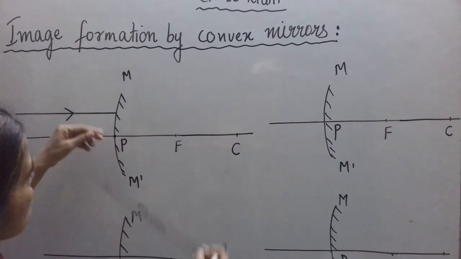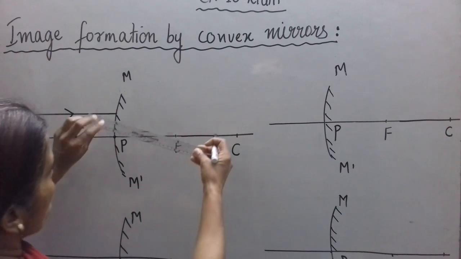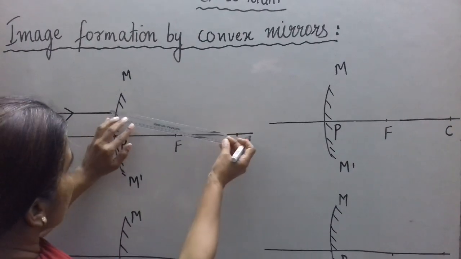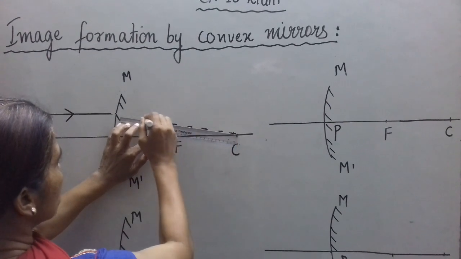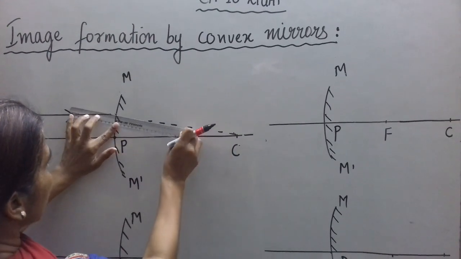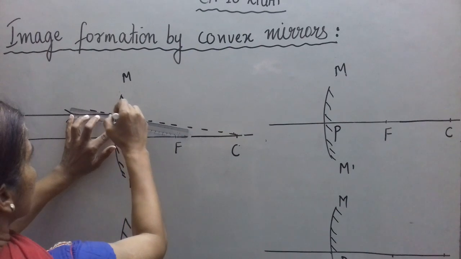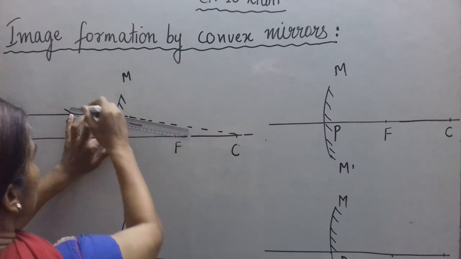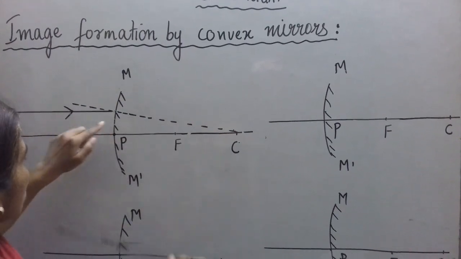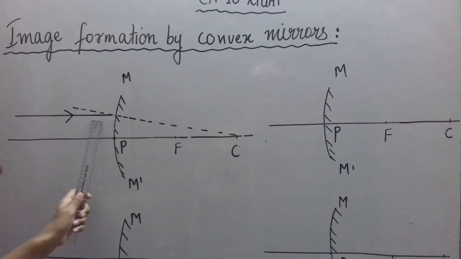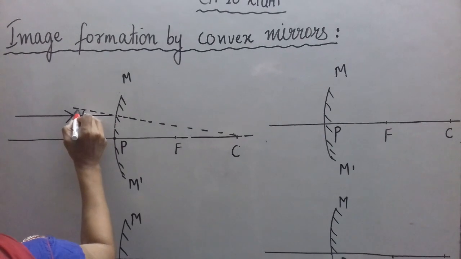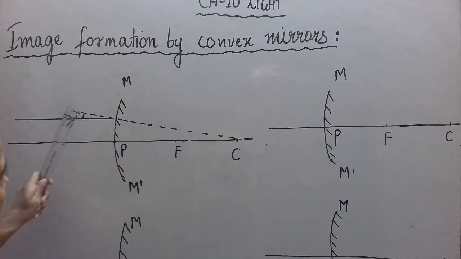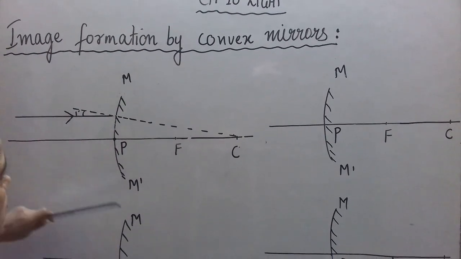We know that at this point of incidence, the normal is obtained by joining the center of curvature. You have to use a dotted line to draw the normal at this point of incidence. So at this point of incidence, this is our incident ray and this is our normal. This becomes the angle of incidence, the angle between the incident ray and the normal at the point of incidence.